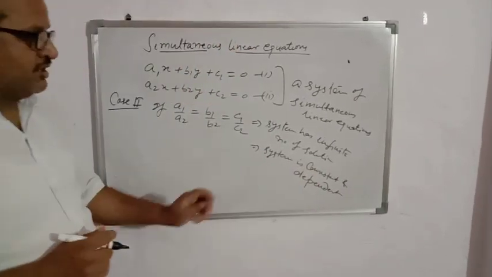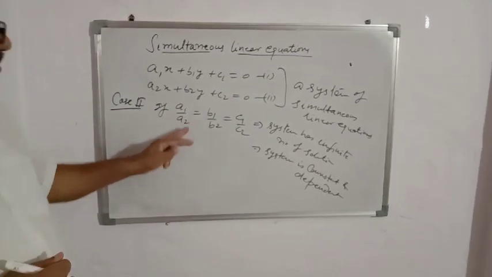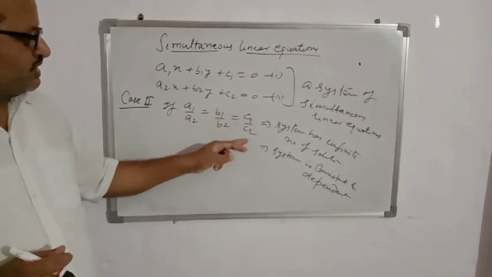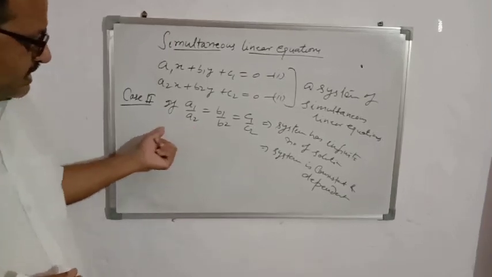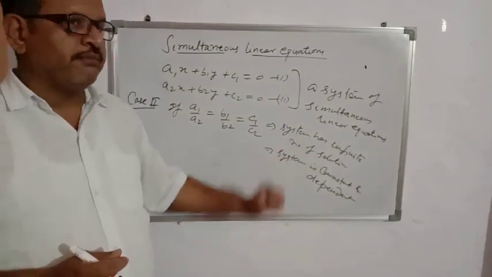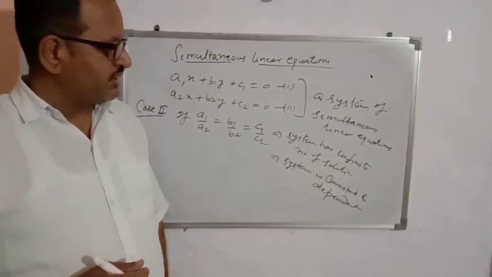Consistent means solution is possible. So if a1 upon a2 is equal to b1 upon b2 is equal to c1 upon c2, in this case the system has an infinite number of solutions, means many solutions are there.